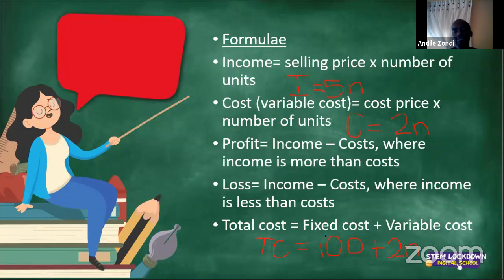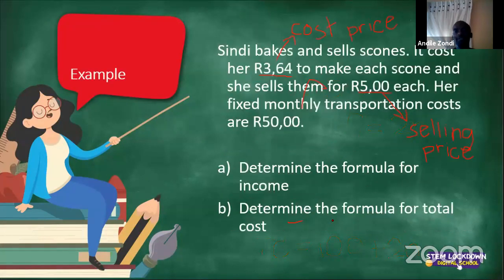And fixed cost is the cost that does not change. So in this example, your 50 rand is our fixed cost. We're supposed to annotate 50 rand as our fixed cost. I'll just write fixed.